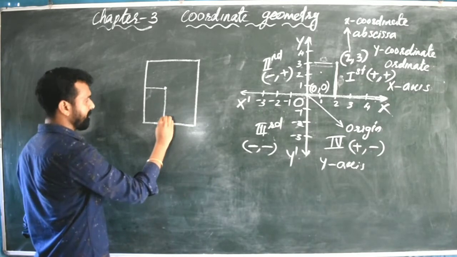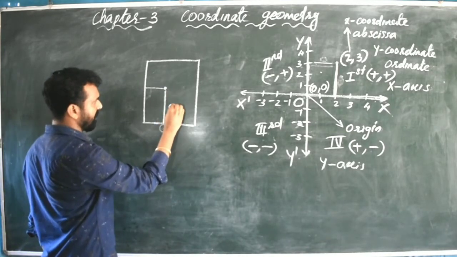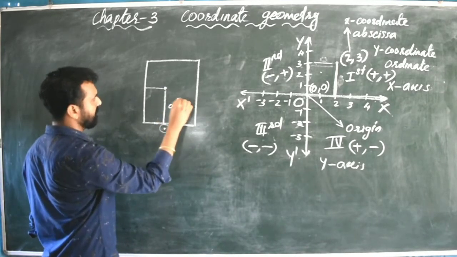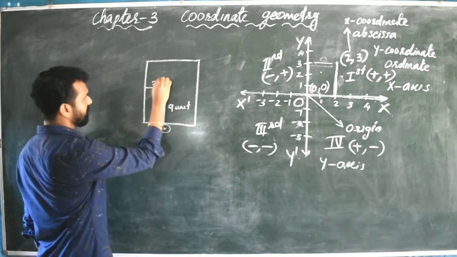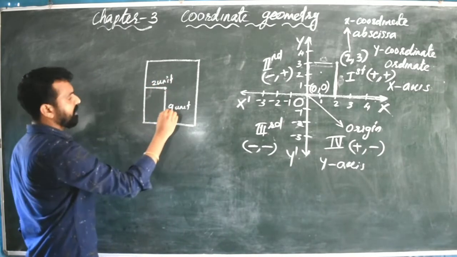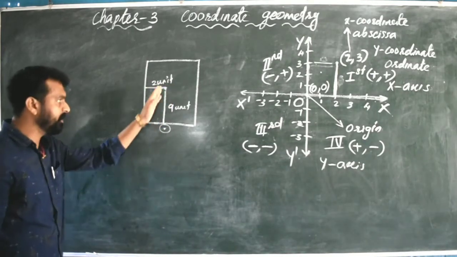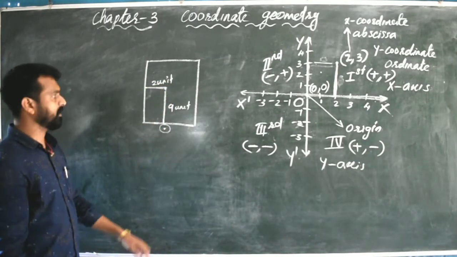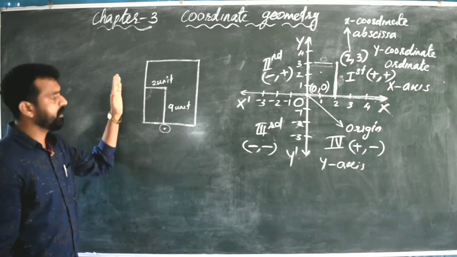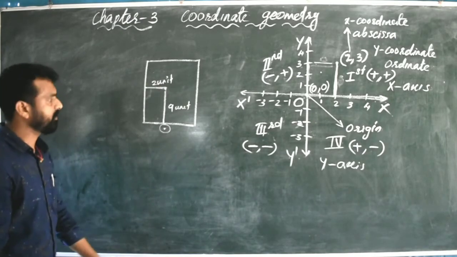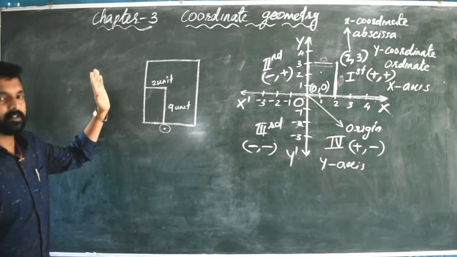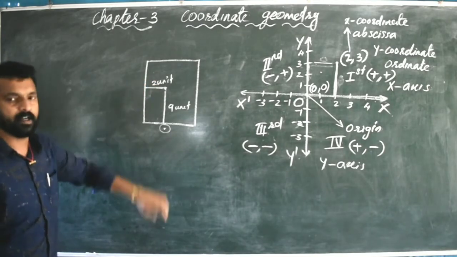Suppose this length is 9 units and this length is 2 units. Then we can say the position of the table lamp is 9 units from your sitting position and 2 units from the left side of the table. So that way you can locate that table lamp.